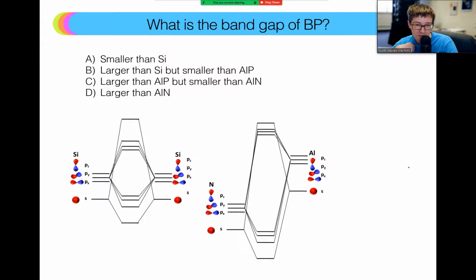That is going to shift our states down a little bit. So if we were to depict this one, we've shifted those states of boron down, and our phosphorus is going to be shifted a little bit up relative to nitrogen.